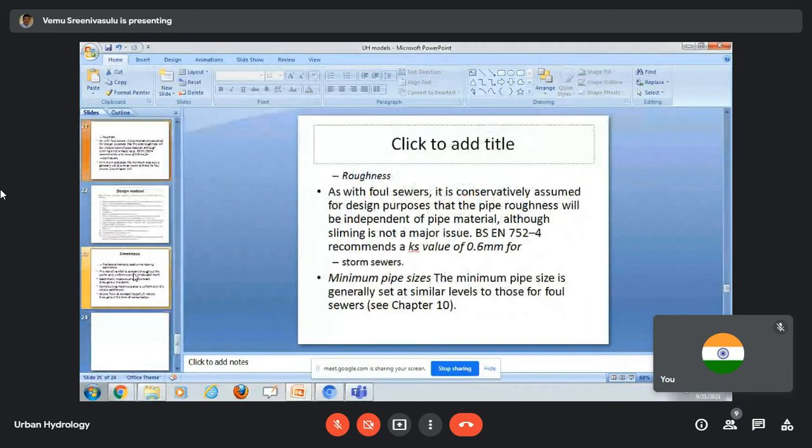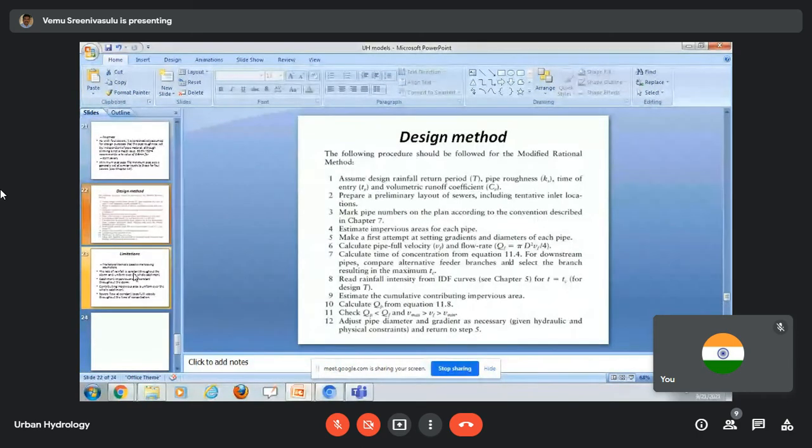Okay. So the design method is simple. First, you have to assume a design rainfall return period. As I said, it is a 2-year return period, or 4, 5, 6 or 10, and the pipe roughness ks, the time of entry, and the volumetric runoff coefficient.